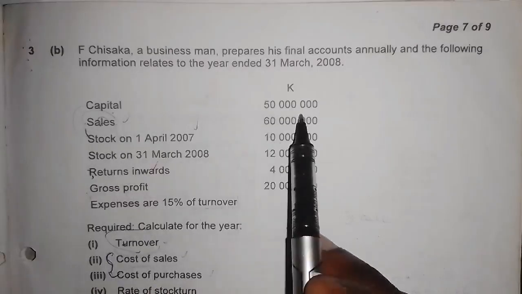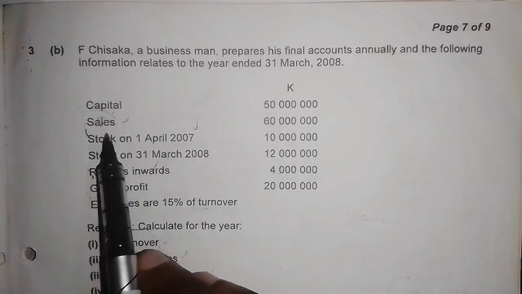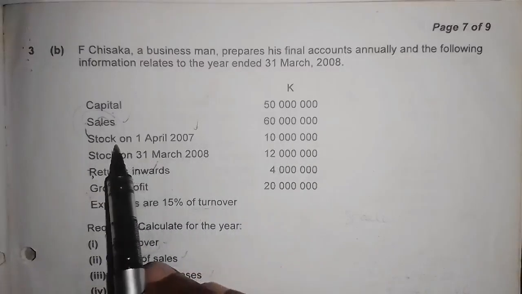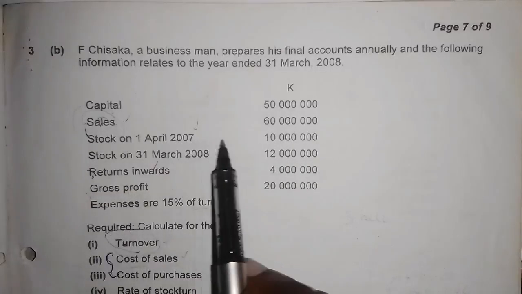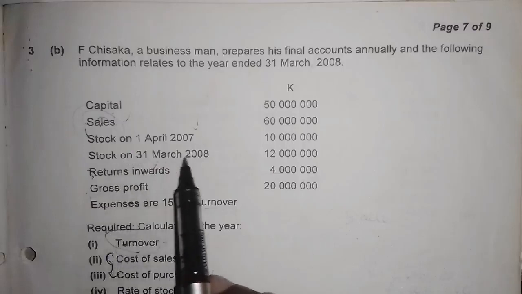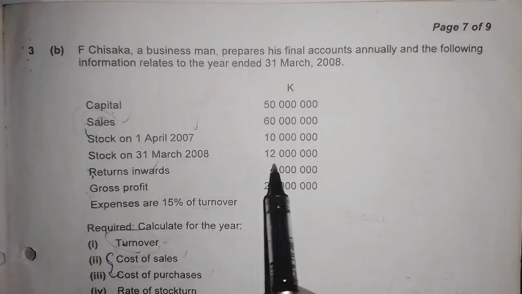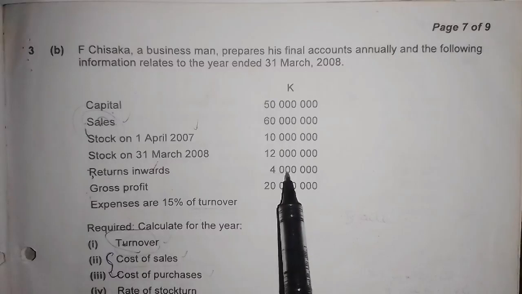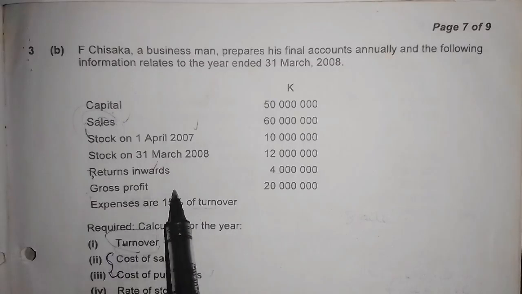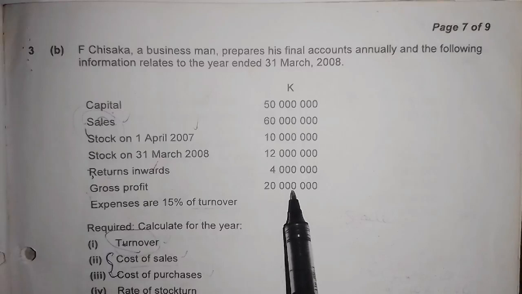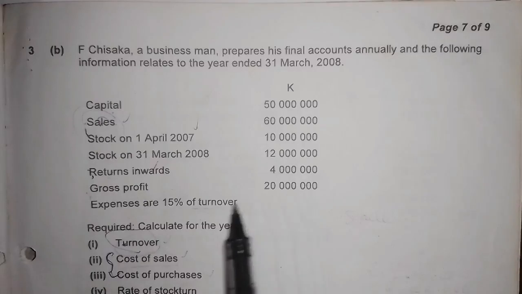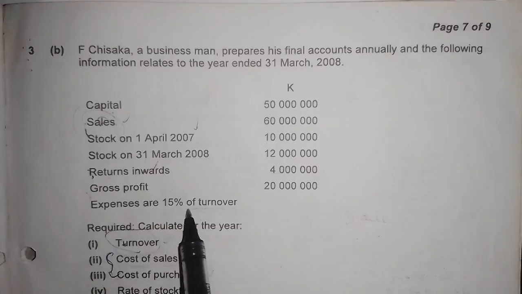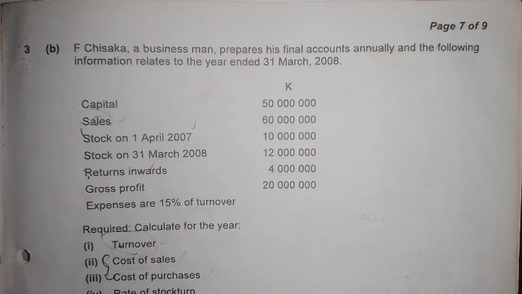So you have the capital, 50 million, sales 60 million, opening stock 10 million, the closing stock 12 million, returns inwards 4 million, gross profit just 20 million, and the expenses are 15% of turnover.